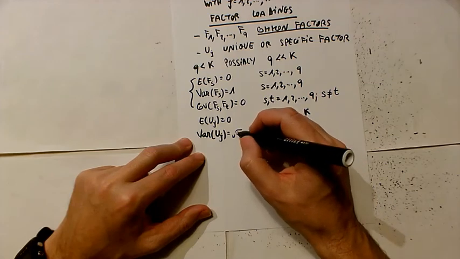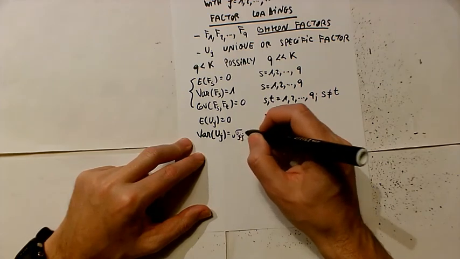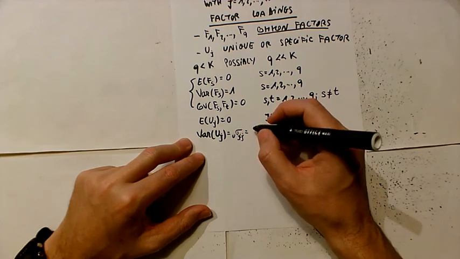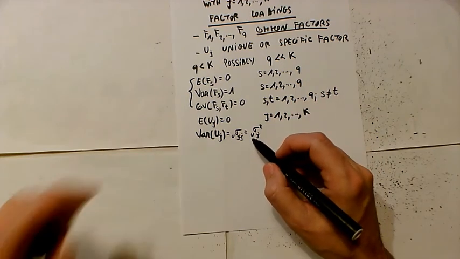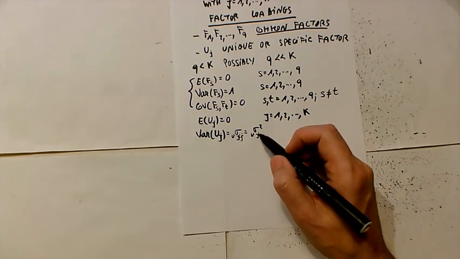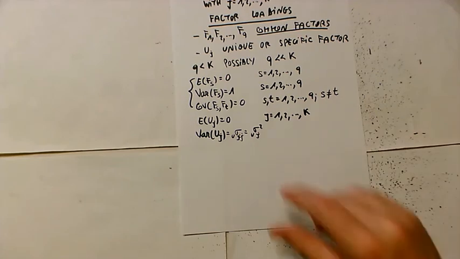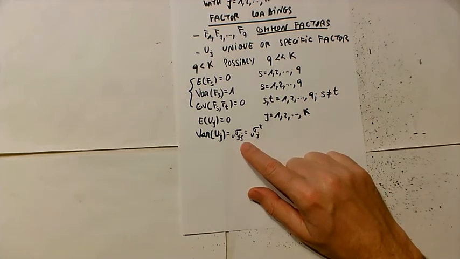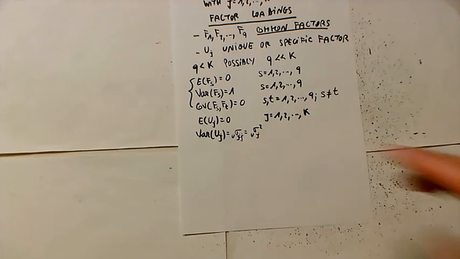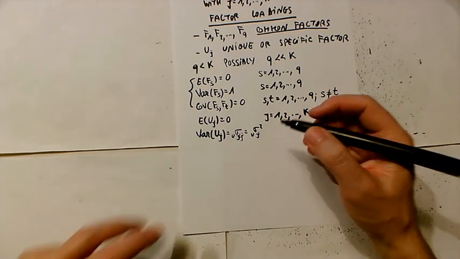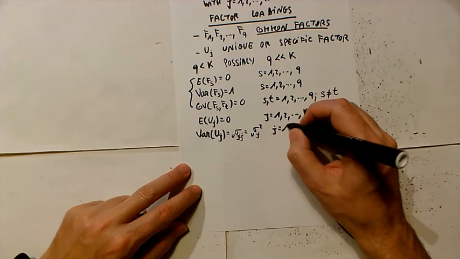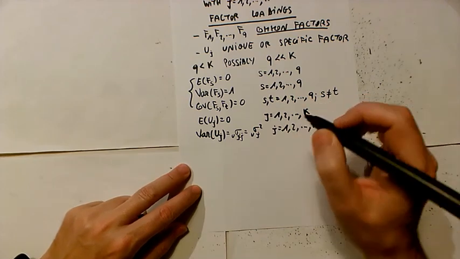this is sigma jj, or also sigma uj squared. I use u as a subscript on the left in this case in order to distinguish the variance of the unique factor uj with respect to the variance of the original response variables, sigma jj or sigma j squared, with j again equal to 1, 2, up to k.